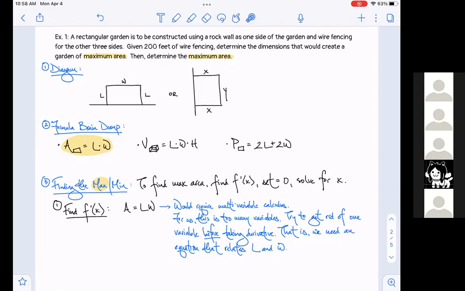We don't have an unlimited supply. We're not going back to the store to buy more. We only have a certain amount. Okay, and the fact that we only have a certain amount actually helps us figure out the relation between the length and the width.